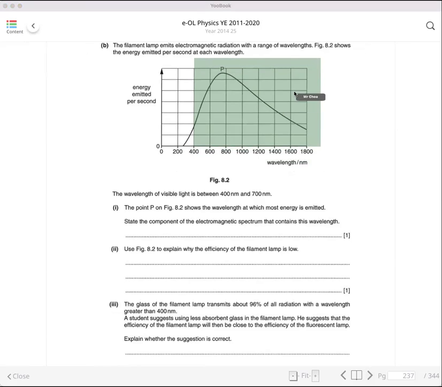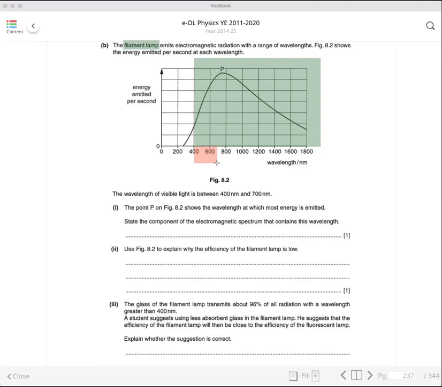Okay, let me look at this question first. So this is the filament lamp. The part where light can be seen is 400 to 700.